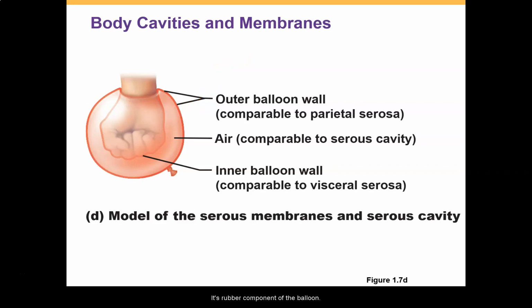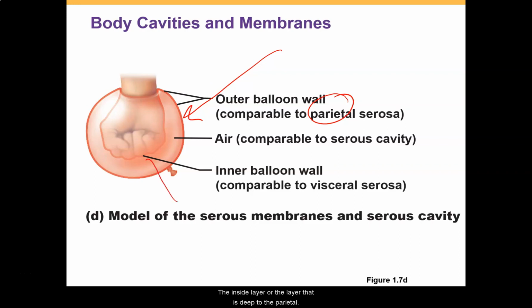This rubber component of the balloon is a layer. So we have two layers, the outside rubber, the outside layer, and the inside layer. The outside layer has a name. This is known as the parietal layer.